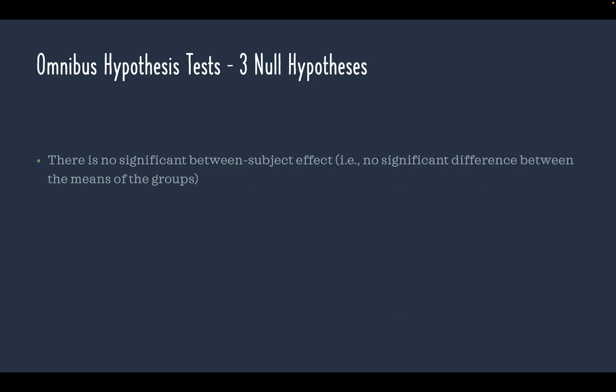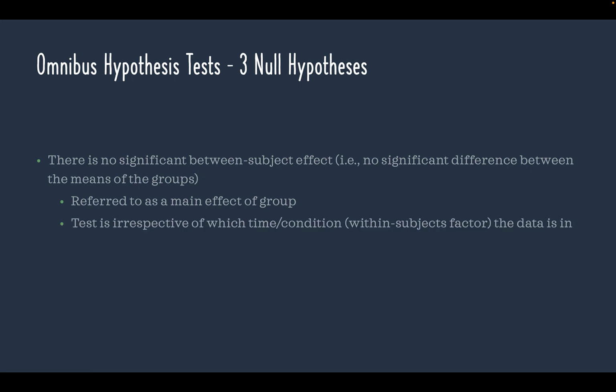The second null hypothesis is that there's no significant between subjects effect. Said another way, there's no significant difference between the means of the groups. This is referred to as a main effect of group. Here, the opposite, the test is irrespective of which time or condition, the within subjects factor, the data is in.